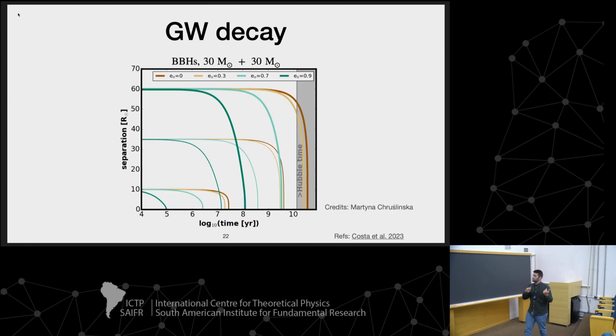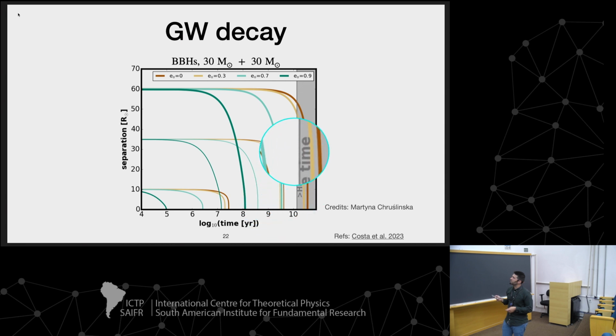You can evaluate those two equations and you get this. In this plot you have time on the x-axis and the separation on the y-axis. What you can do is fix the separation and fix the initial eccentricity. I want you to focus on this thing here.